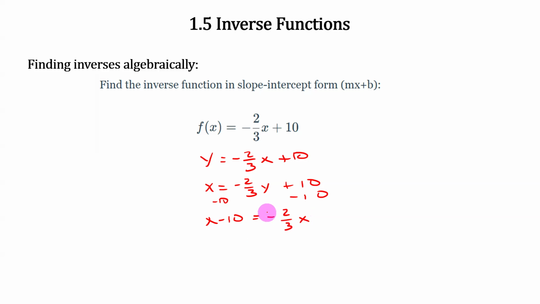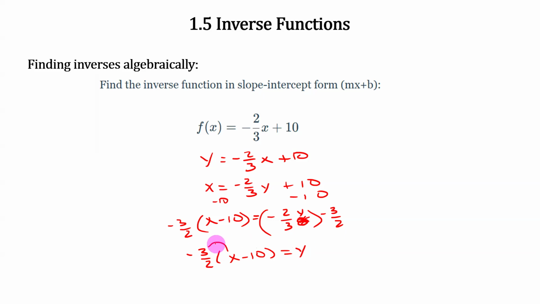Now I need to get rid of this, so I'm going to multiply both sides by negative 3 over 2. So I'm going to have negative 3 over 2 times x minus 10 equals y. That should have been y, I'm sorry.